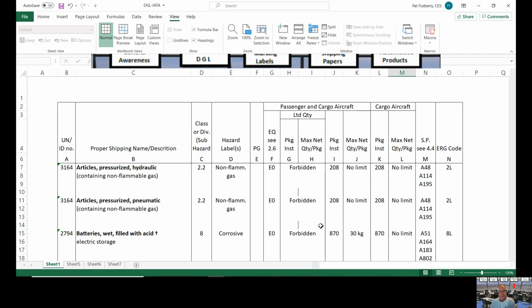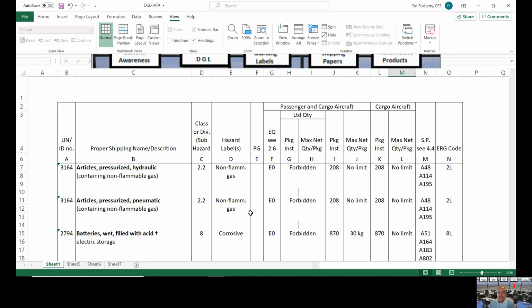Our first example on there, articles, pressurized hydraulic, is its own line item. And then you see the exact same UN number, articles, pressurized pneumatic. So in 49 CFR and IMDG, these were the same line item.